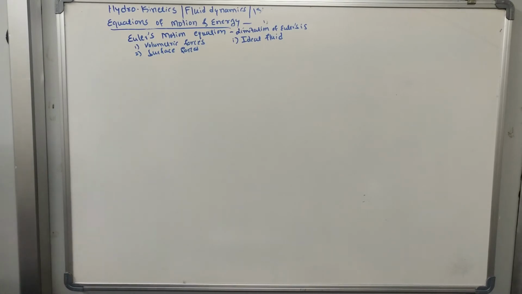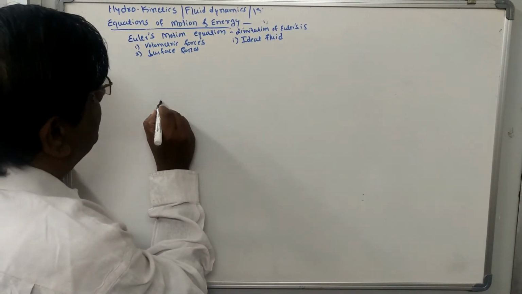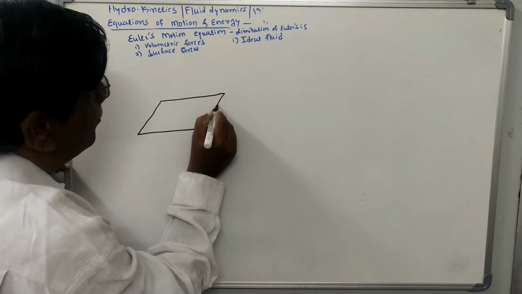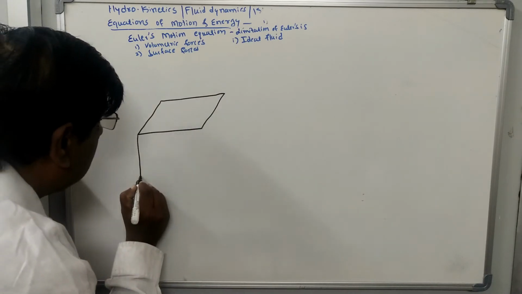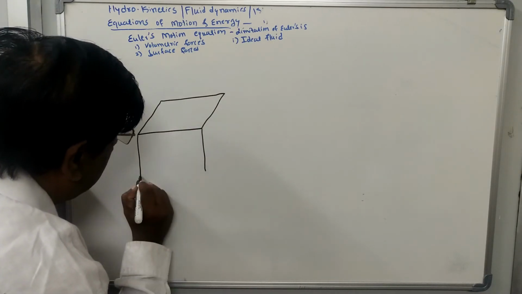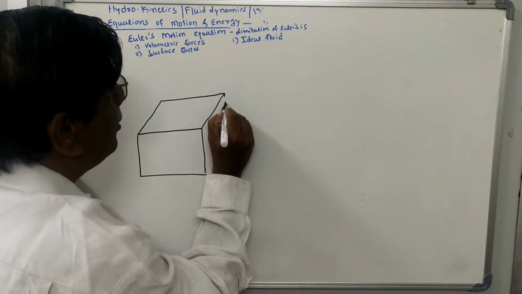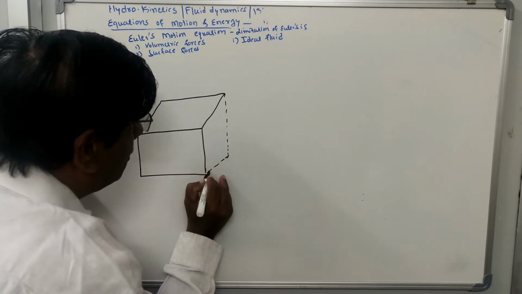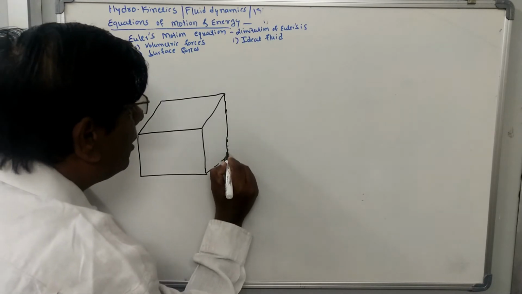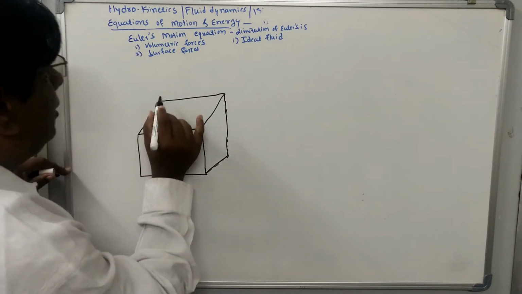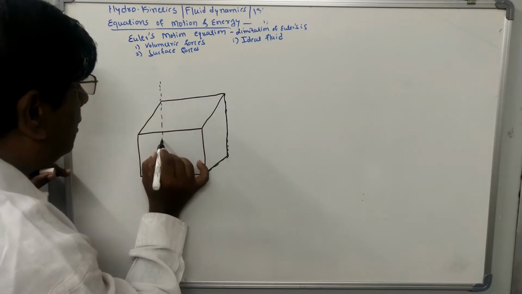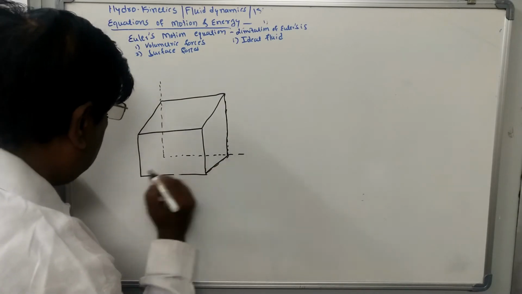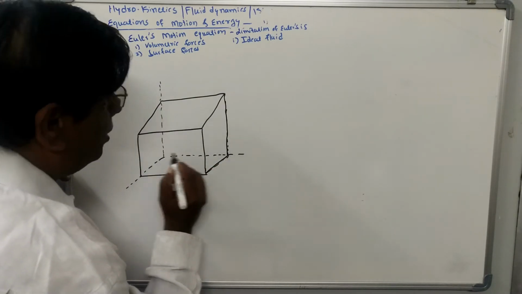To derive the Euler's motion equation, let us take a parallelepiped.